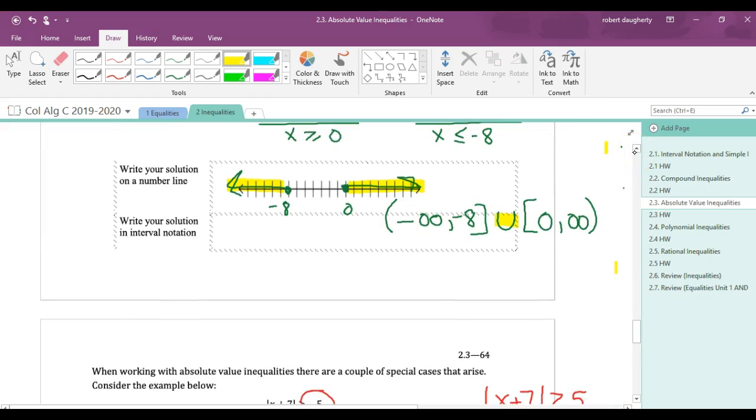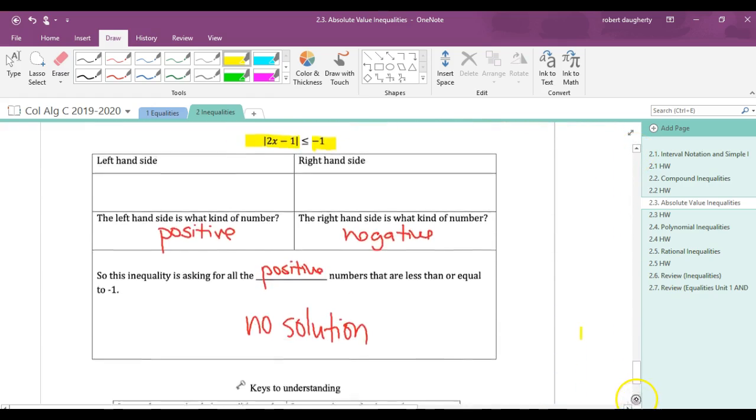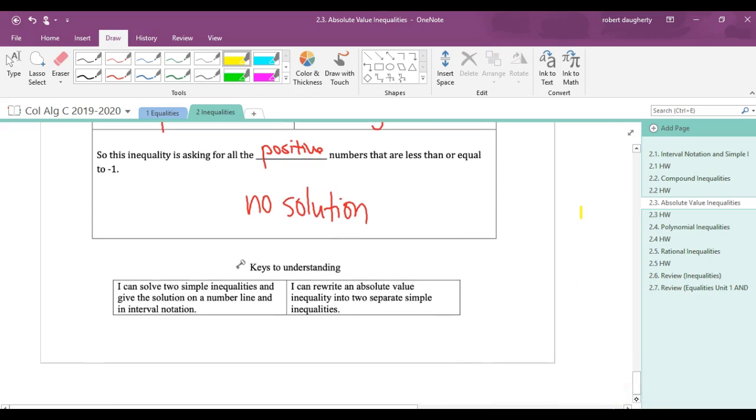So just to review where we are, and you can turn loose on the homework. We've done simple inequalities so far. Now, when I see an absolute value, I need to separate that into two separate inequalities. So an absolute value and a positive number, you break that into two problems.